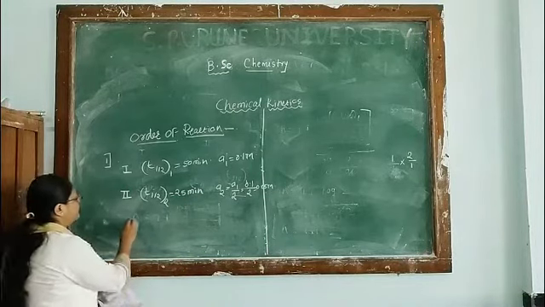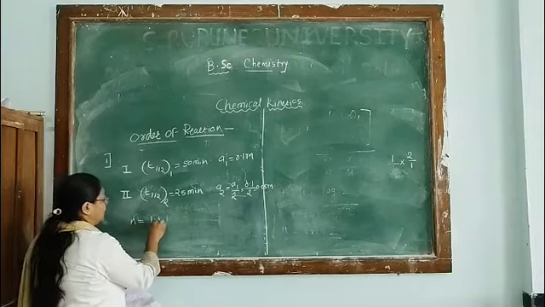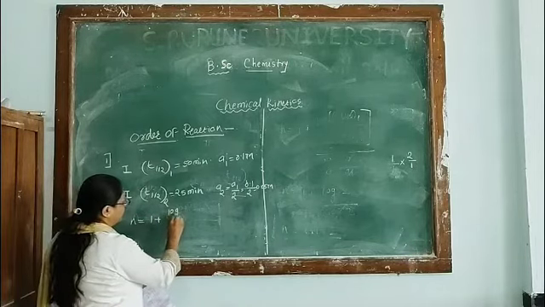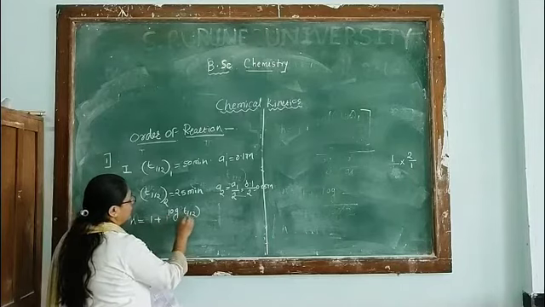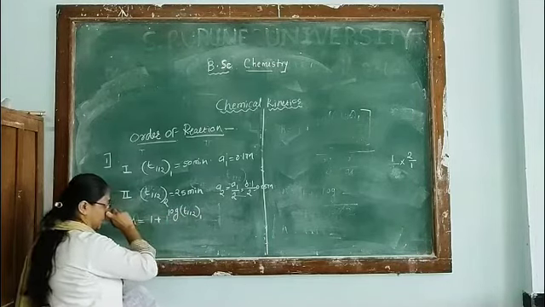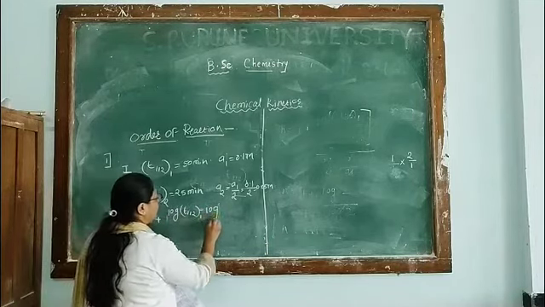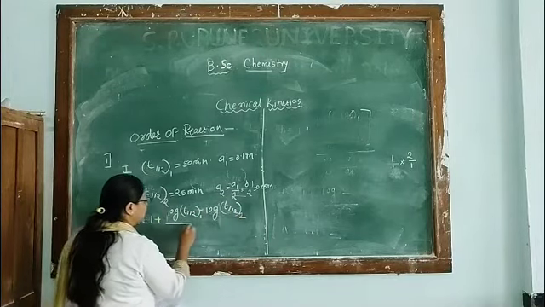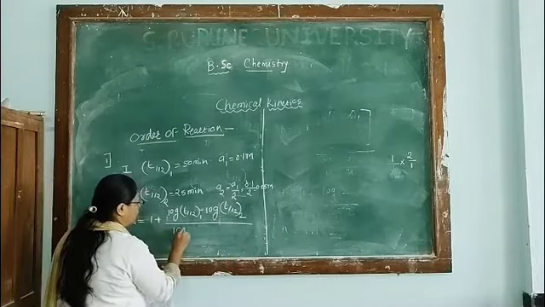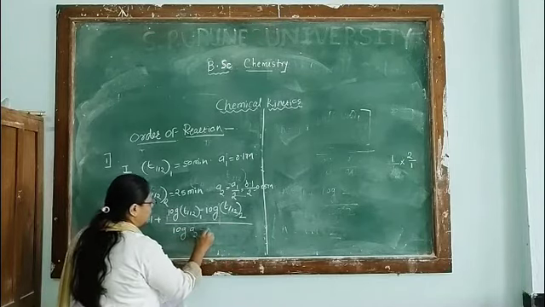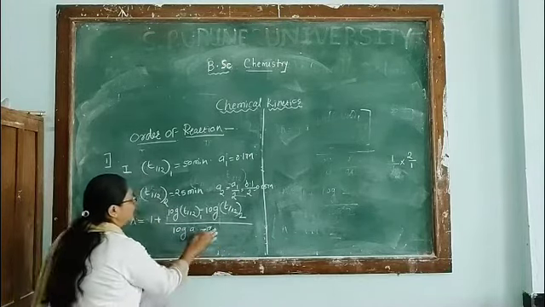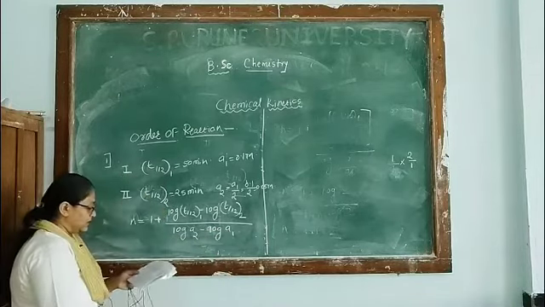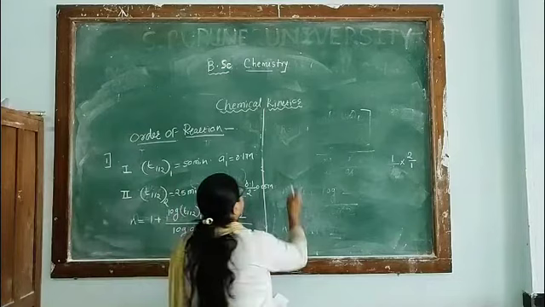Therefore, again the formula: order n is equal to 1 plus log of T half 1 minus log of T half 2, divided by log of A2 minus log of A1. You can write the formula in this way also. Now let's put the values.